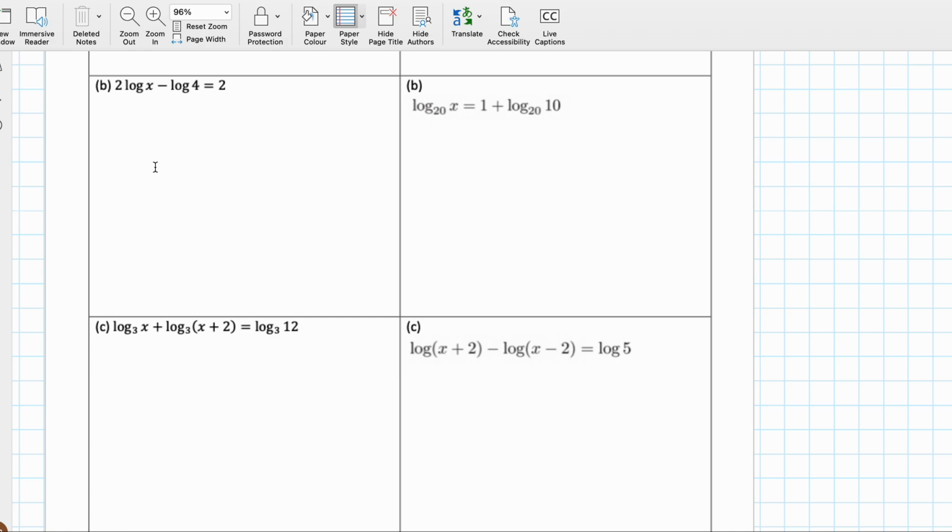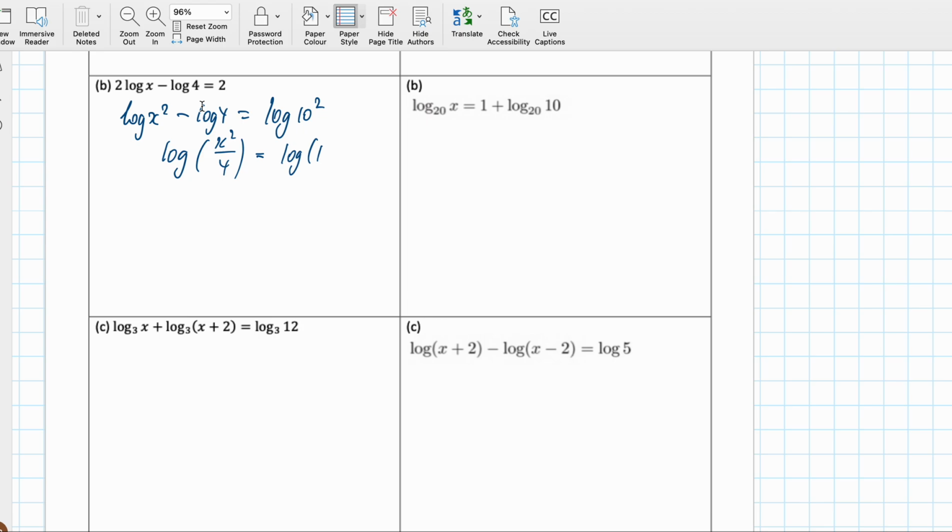So first thing, we need to express everything with no coefficients. So this becomes log of x squared, take log 4, is equal to, and we want to match this in terms of log. This is all log base 10 squared. Next step, let's bring this together as one log.